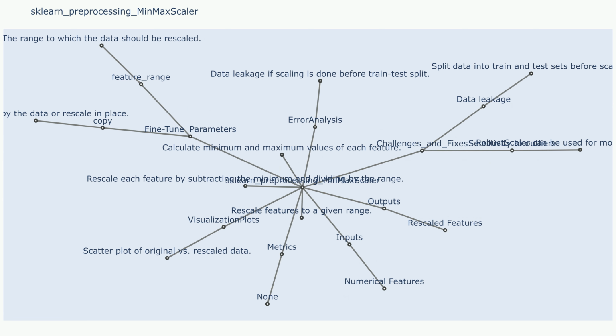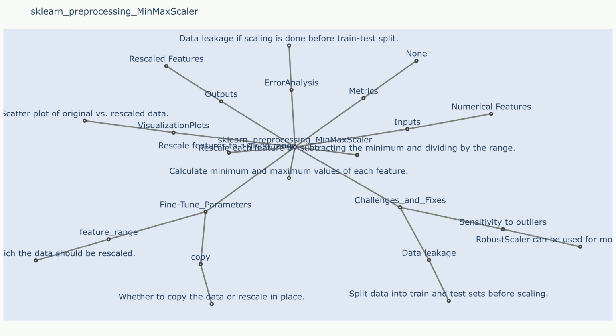Inputs. Input 1. Explain in detail. The input to min-max scaler is a NumPy array or pandas data frame containing the features to be scaled. The features can be of any numerical data type, such as integers or floating point numbers. Input 2. Explain in detail. The min-max scaler also takes a few optional parameters, such as feature range.